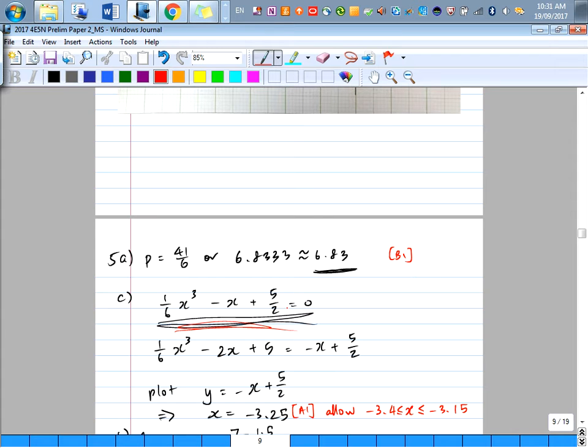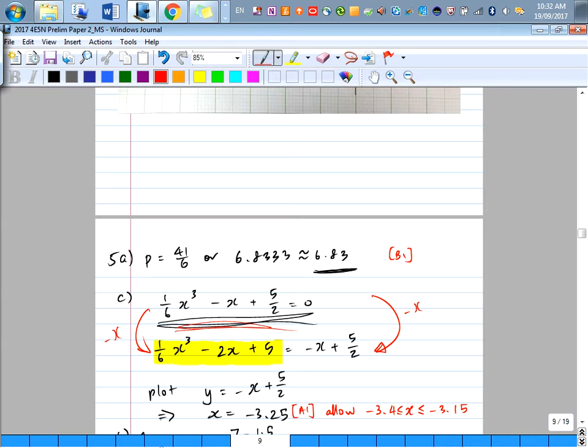So from here, we make it look like our drawn graph. This part that I'm going to highlight is what we have drawn the graph for already. So how do I make the given question, 1 over 6 x cubed minus x plus 5 over 2 equals to 0, look like the yellow highlighted part? I need to, for a start, subtract x on both sides.